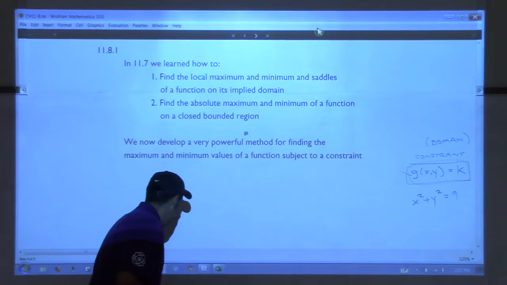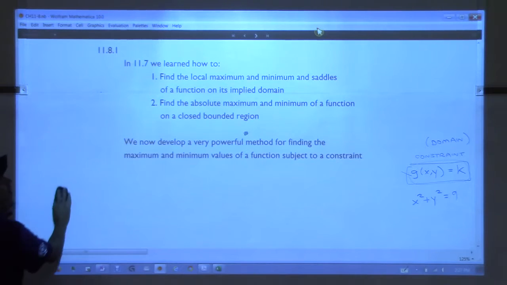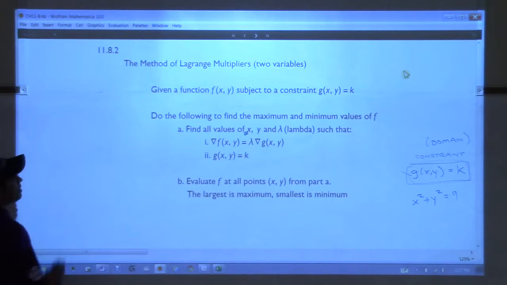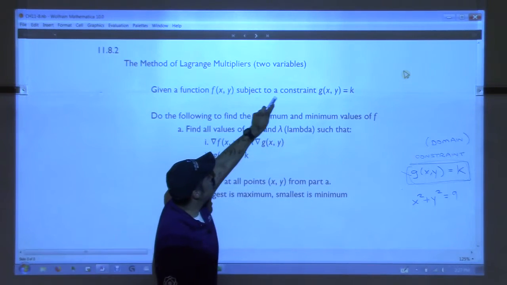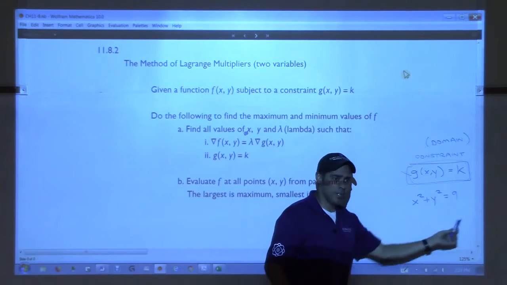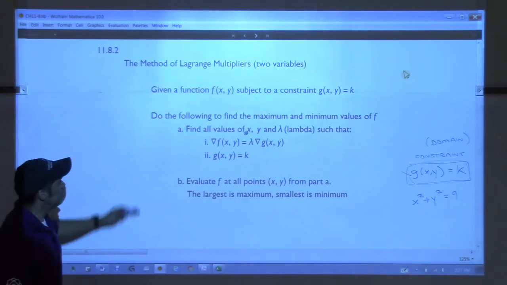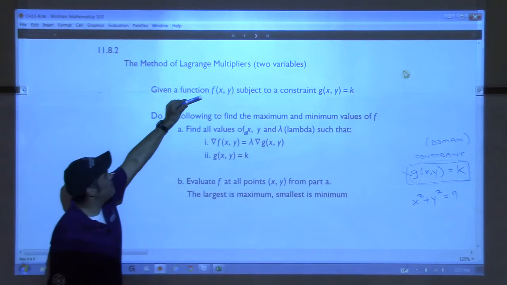So here's the method. This is what we already learned how to do. Given a function of two variables, subject to a constraint, g of x, y equals k, we will do the following to find the maximum and minimum values of the function f.